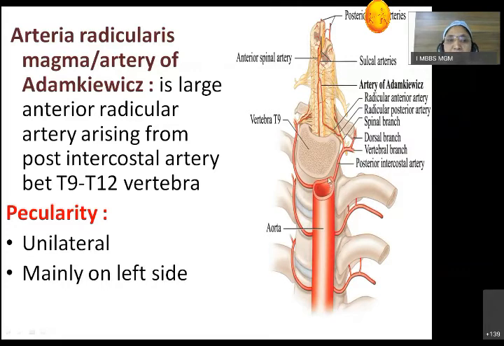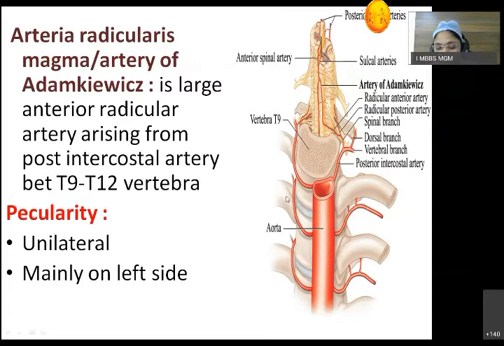So the arteria radicularis magna, or artery of Adamkiewicz, is a large artery coming directly from the descending thoracic aorta, or it may come from the posterior intercostal artery. The peculiarity of this artery is that it is unilateral, mainly on the left side, and its site is not constant. It may arise between the T9 to T12 vertebrae.